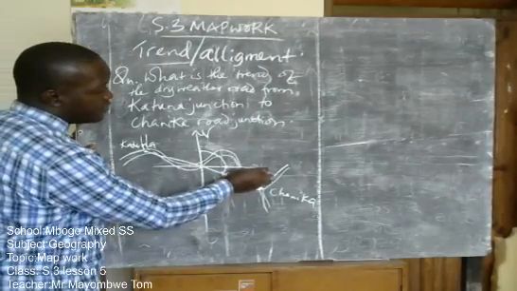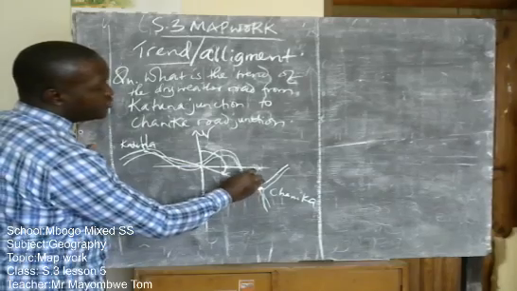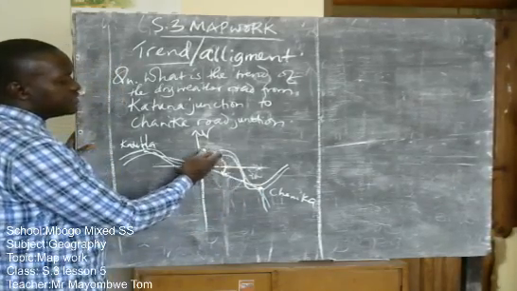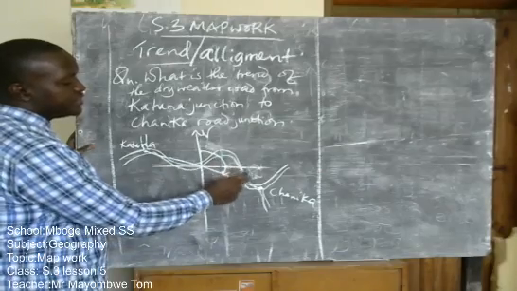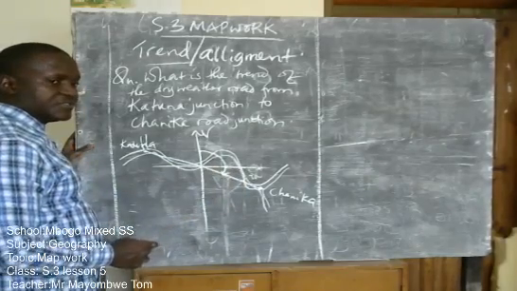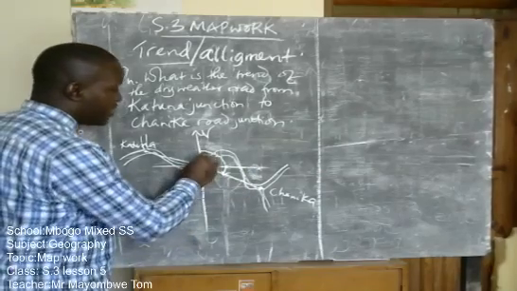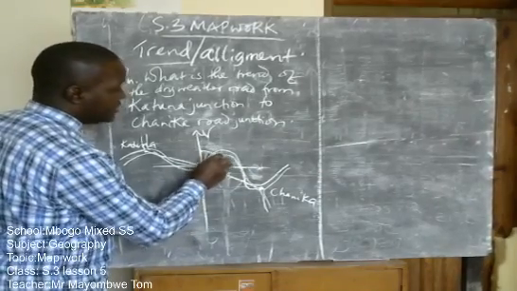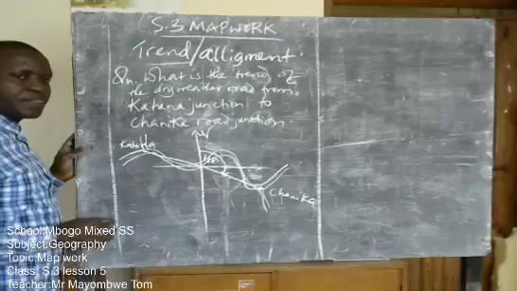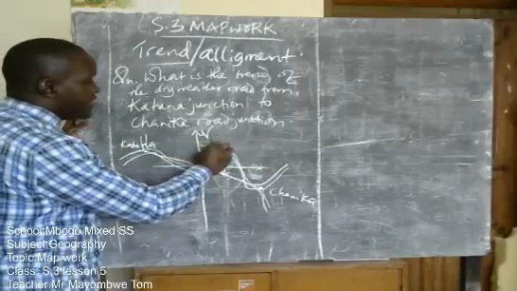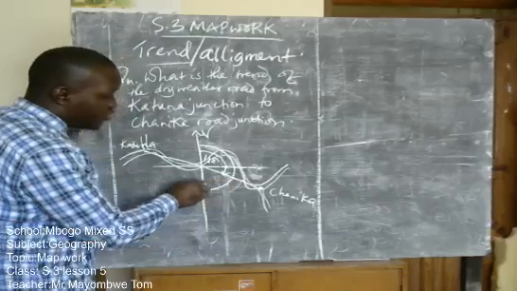Measure the angle from here up to here. Assuming you get 28 degrees. That means the whole of this angle is 90 plus 28 degrees. Are you together? And that will give you 118 degrees.